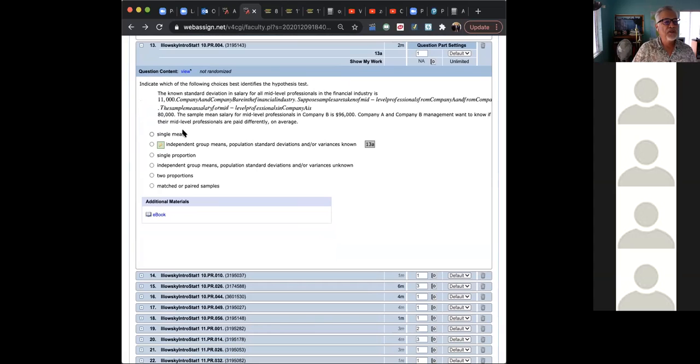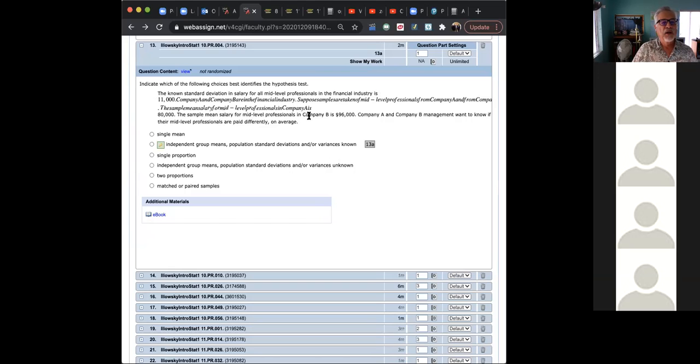Indicate which of the following choices best identifies the hypothesis test. Okay, let's read the problem here. Looks like there's a little bit of typesetting errors going on here. Let's see if we can decipher this. The known standard deviation in salary for all mid-level professionals in the financial industry is 11,000. Company A and Company B are in the financial industry.